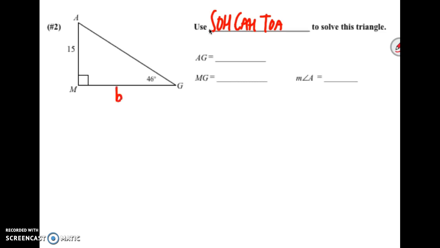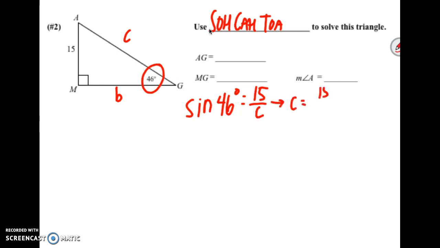So let's label our missing side lengths B and C. So in order to find AG, we want to take the sine of 46, which is equivalent to 15 over C, which tells us that C equals 15 over sine of 46 degrees, and that's equivalent to about 20.85.